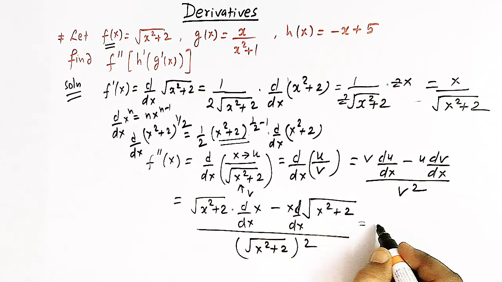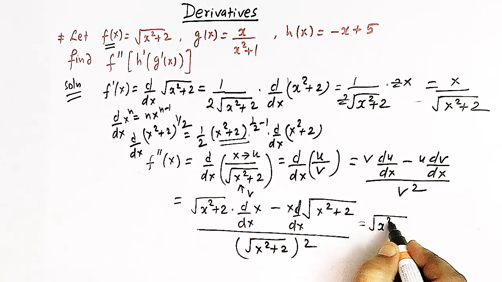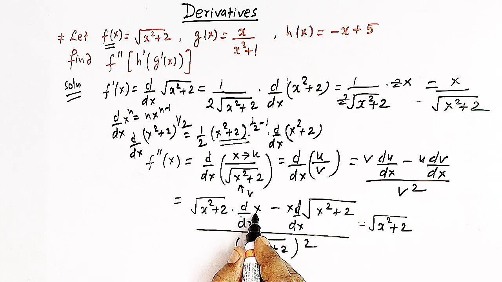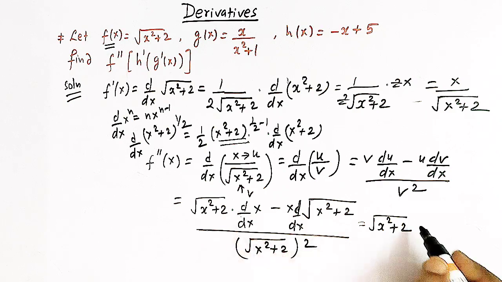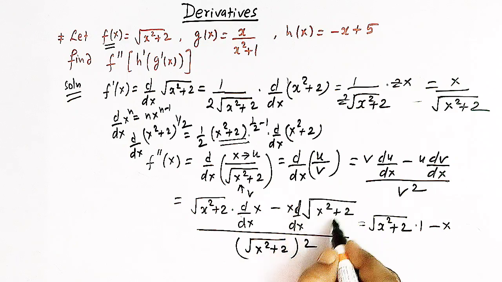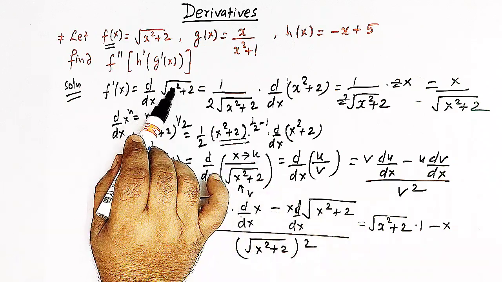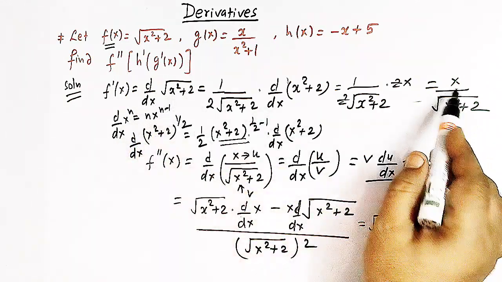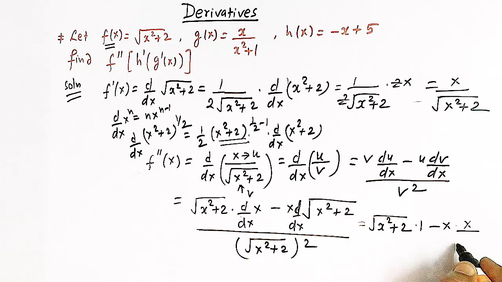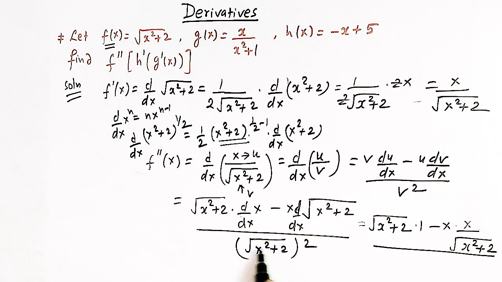So now we have square root of x square plus 2, because the derivative of x with respect to x is 1, and here we have x, and the derivative of square root of x square plus 2 is given by x over square root of x square plus 2, divided by the square of square root of x square plus 2.